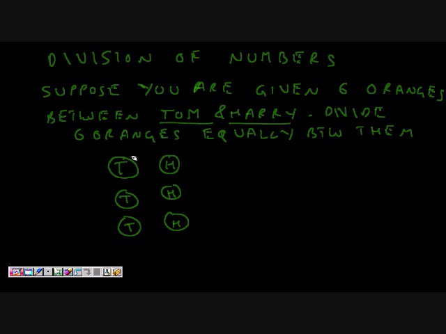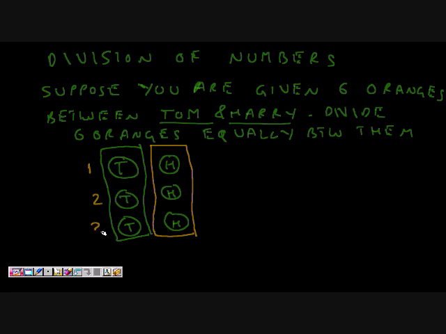So you can see this group of oranges is Tom's, and this group of oranges is Harry's, and each group, as you can see, has 3 oranges. There is 1 orange in Tom's group, 2, 3. Similarly, you have 1, 2, 3. So each group has 3 oranges.